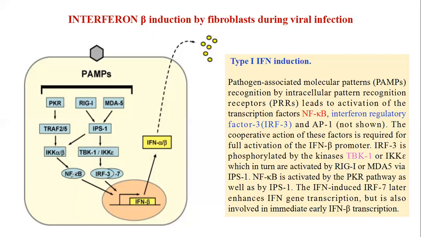This is NF-kappa B, and the second is interferon regulatory factor 3 or 7. These are the two transcription factors. Another one is AP1, which is not shown in this picture.